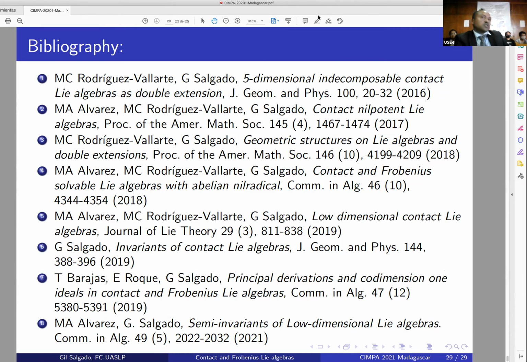So in your talk, you said there is no unimodular Frobenius algebra. So what do you say about these two sentences in the two articles?